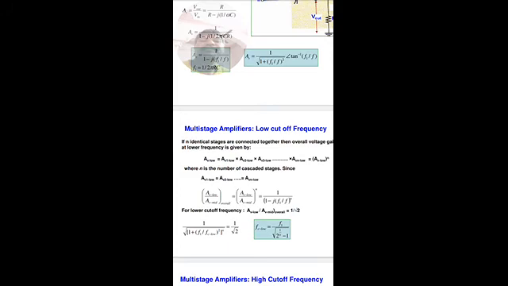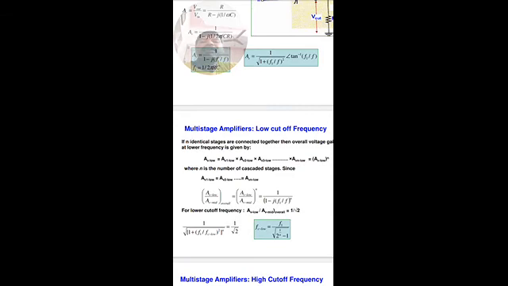That is, if all the individual stages have uniform gain, then AV low is equal to AV low to the power of n, where n is the number of cascaded stages.